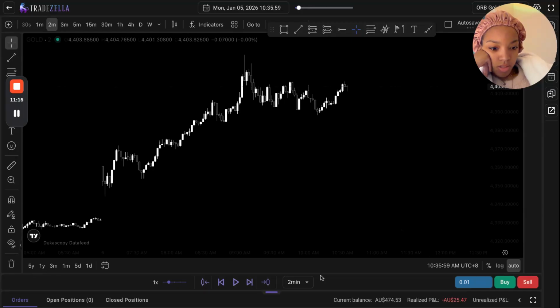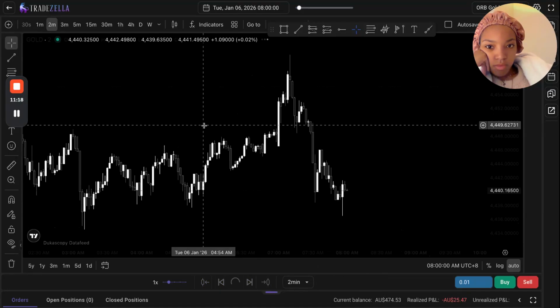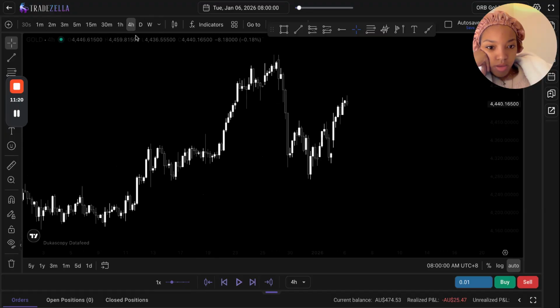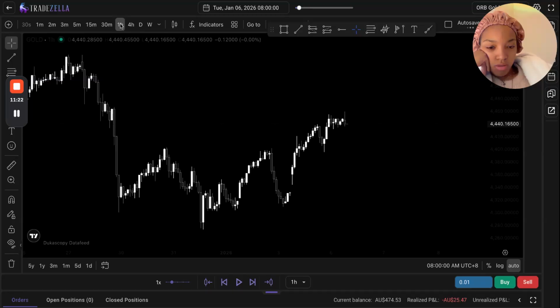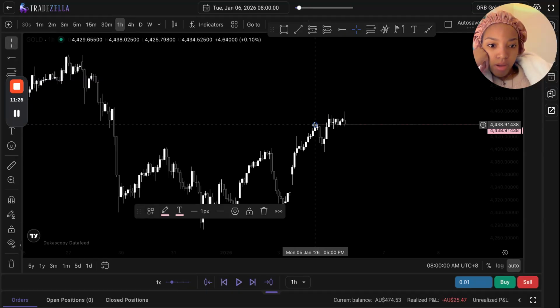Okay. 10:30, that's going to be my cutoff time. Start of Asia the next day. 1 hour trend is bullish. This is our buy POI.